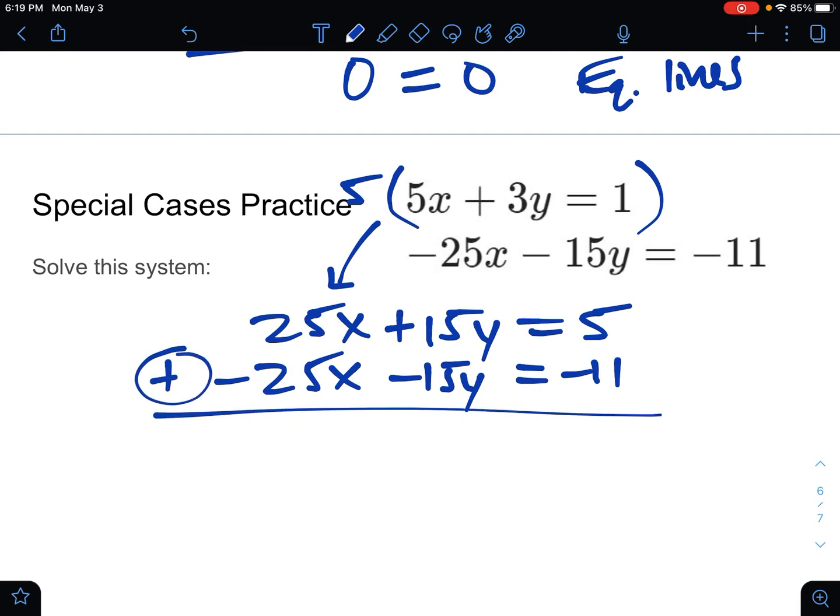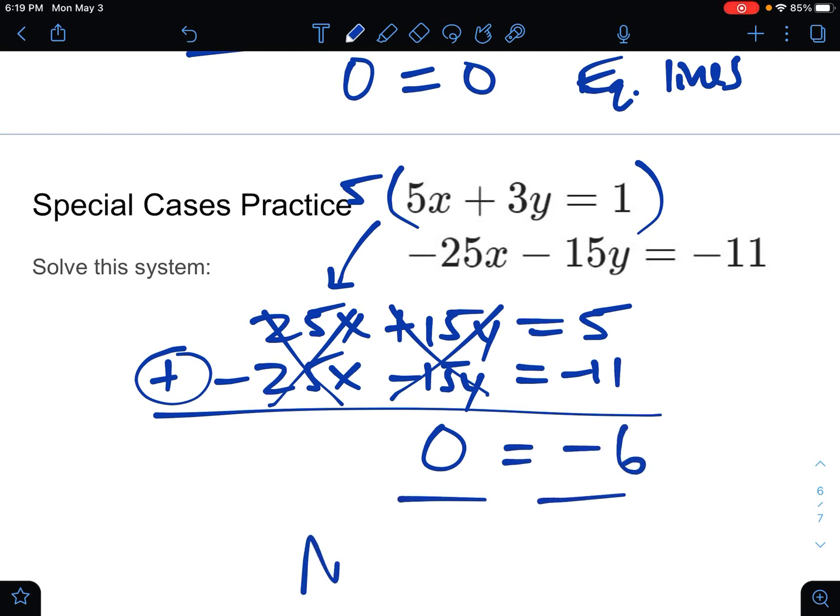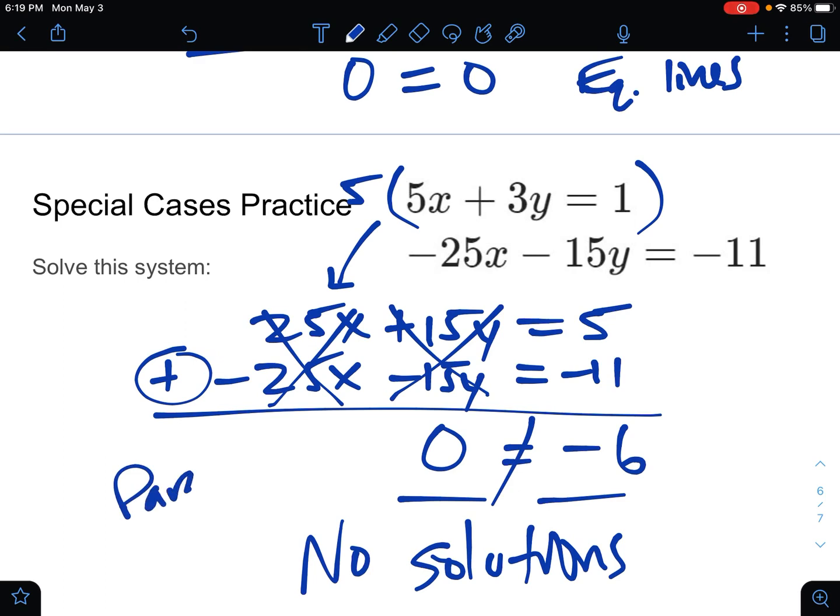If I add these, the x's will drop, the y's will drop. We have nothing left on this side, equaling -6. Does 0 equal -6? No, no solutions here. This is impossible. This would be parallel lines. So we've got both special cases there. The first one was equivalent. The second one is parallel lines, no solutions.